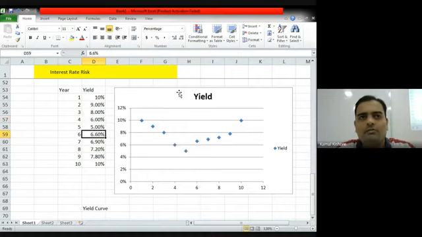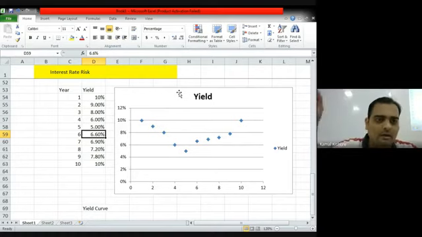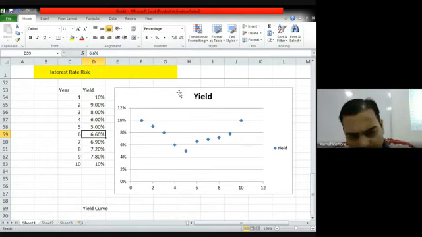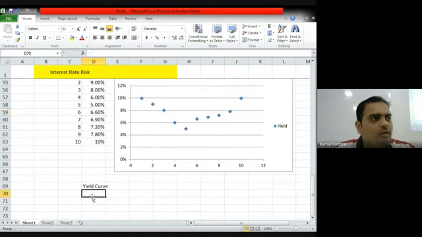What is happening? It is decreasing, then increasing. Now this is, you can say, a V shape. This is a V curve, where it decreases and increases. Now it can be in any form. Normally we see it as an upward sloping curve.